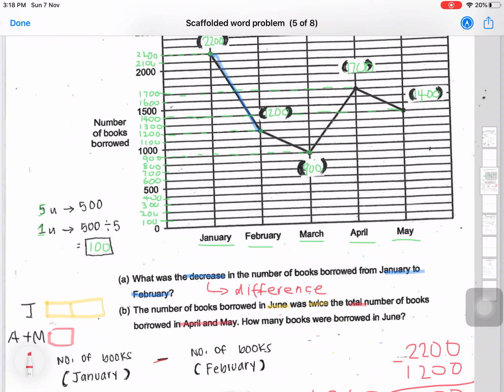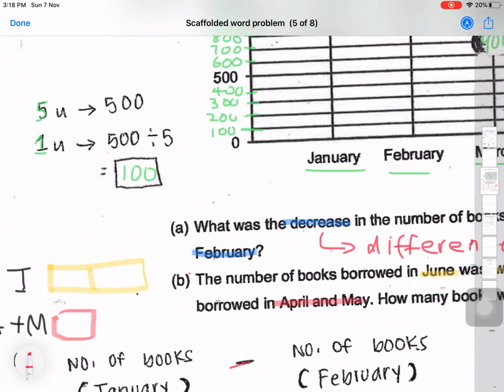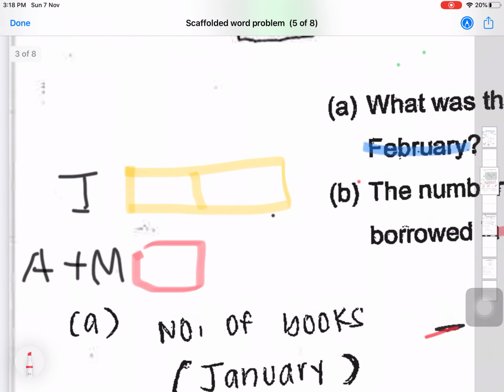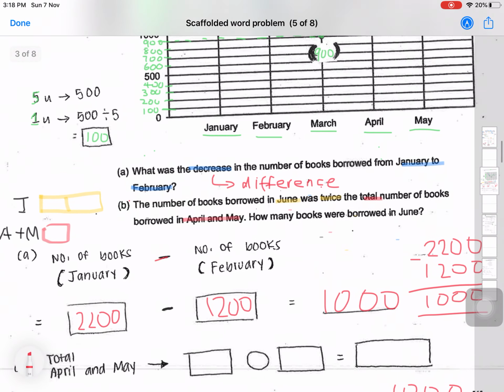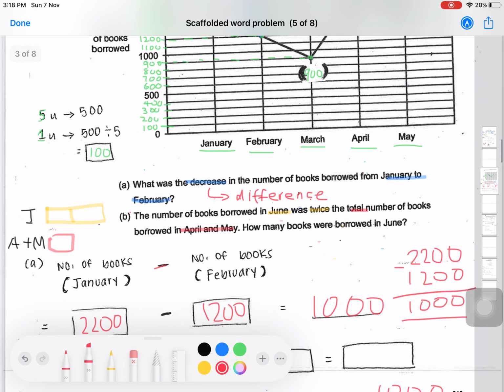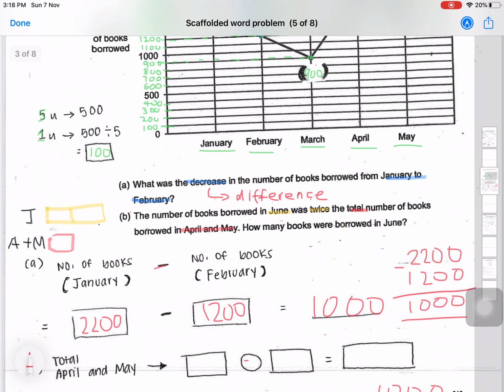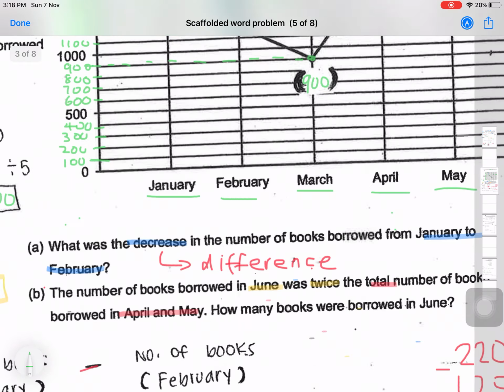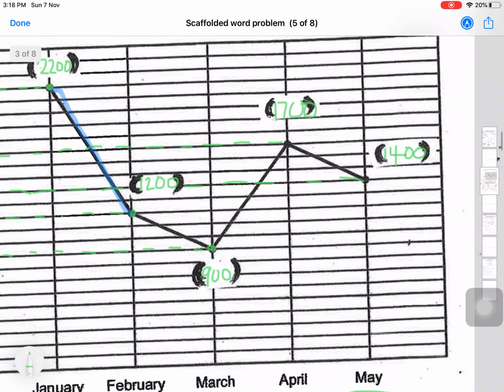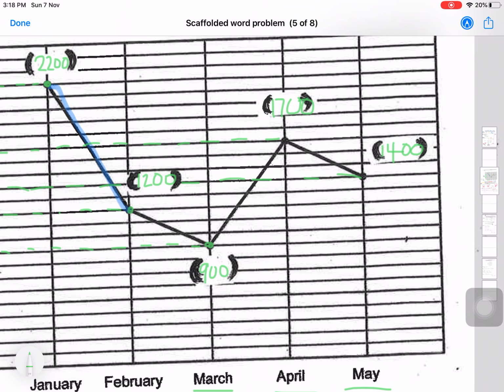So we have to find the total number of books borrowed in April and May, which is the red color model. To find the total number of books, we need to add. Add April, add May. Let's find out from our data points. April is 1,700. May is 1,400.